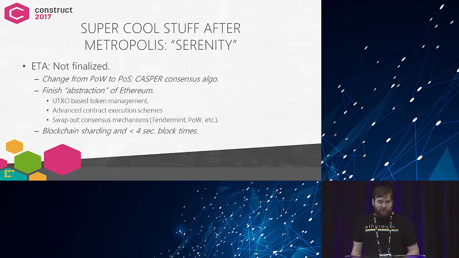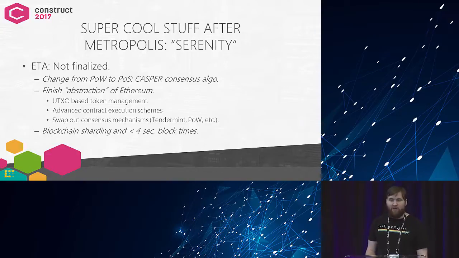Finish abstraction on Ethereum. I talked about it a little bit in the last slide, but additionally, what we're trying to do is have a lot more flexibility with what people want to do. There are sometimes big debates about UTXO transaction models versus what Ethereum uses, and so having this abstraction of the logic layer and the storage layer, you can put UTXO-based token management on the Ethereum blockchain.